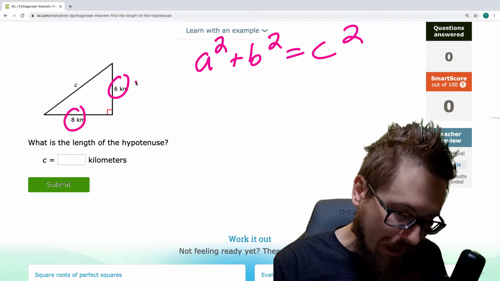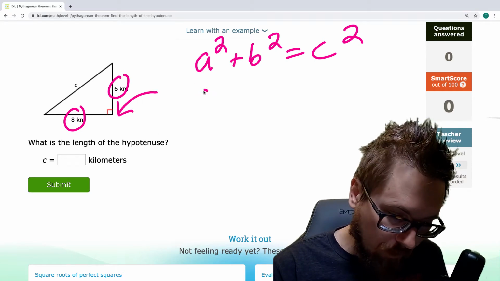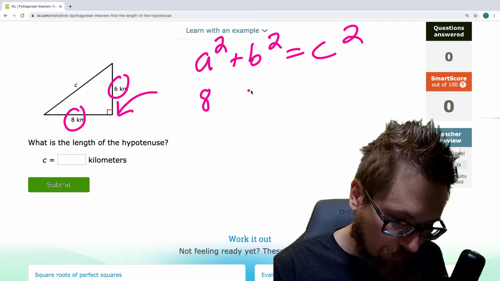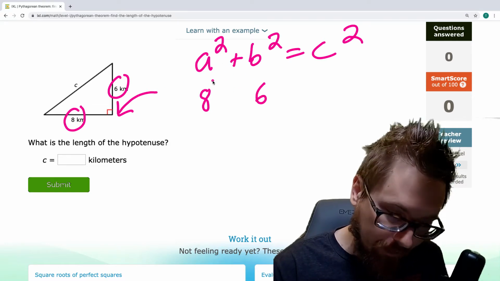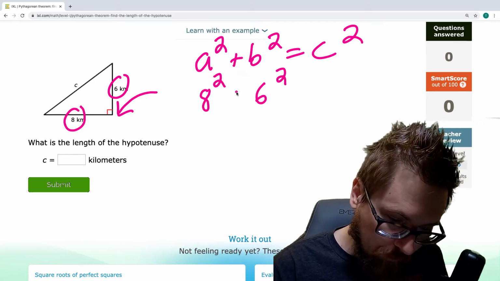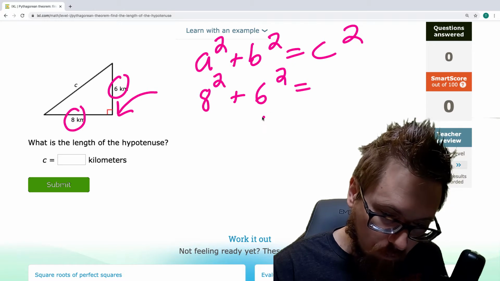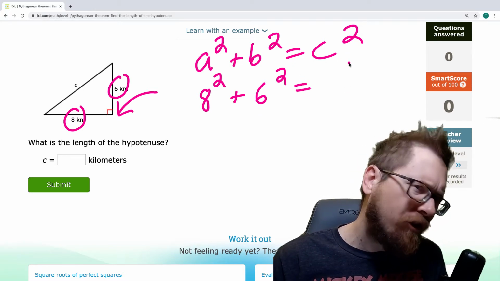Notice a triangle has to have a square corner, all right? And then you go ahead and you go 8, and then you write down the 6. So again, A and B are turning into the two sides. Don't forget to bring down your exponents, your other exponent, bring down your plus sign, bring down your equals. And this c squared is just kind of hanging out so far, just for the ride, okay?